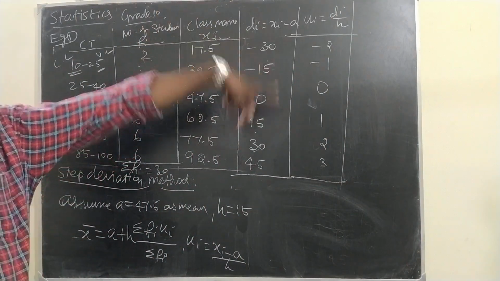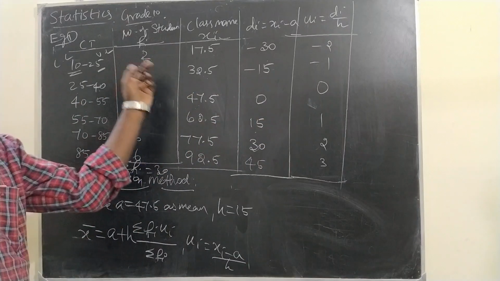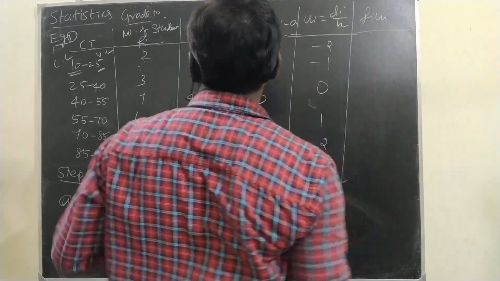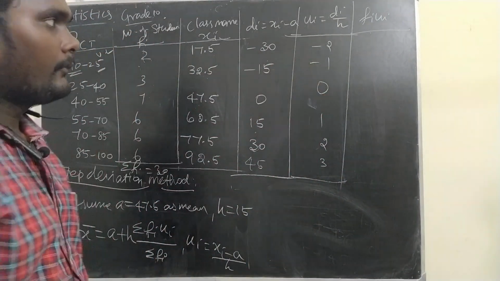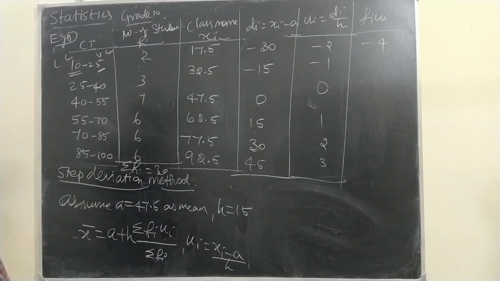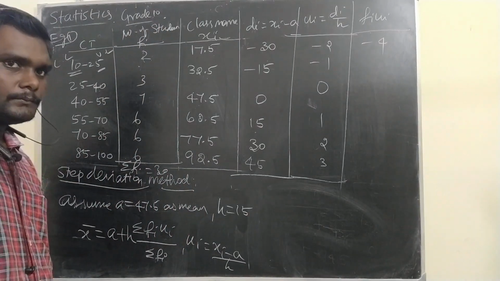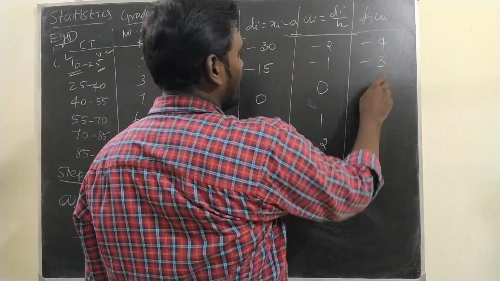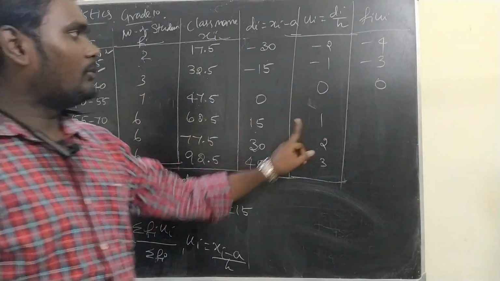Now fi ui we need to multiply. Fi ui means 2 times minus 2 is minus 4. Are you getting it, or is it confusing? 3 times minus 1 is minus 3. This is 0 always. 6 times 1 is 6.